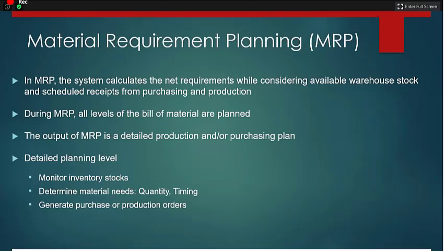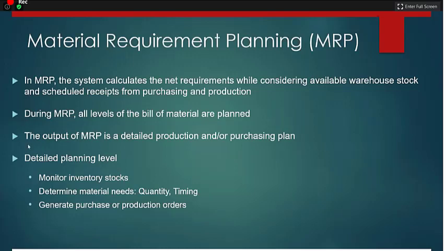You have to produce the other 50 computers, but you have to read the bill of material. In order to produce the 50 computers, how will I do it? He sees in the bill of material, for example, that for each computer I need 2 processors, I need one screen, and so on. It will help him to do the planning.